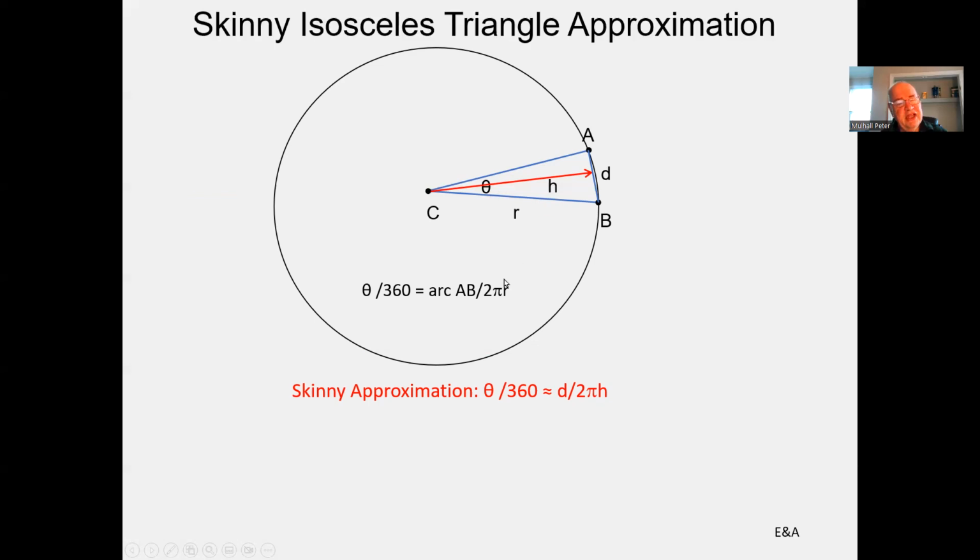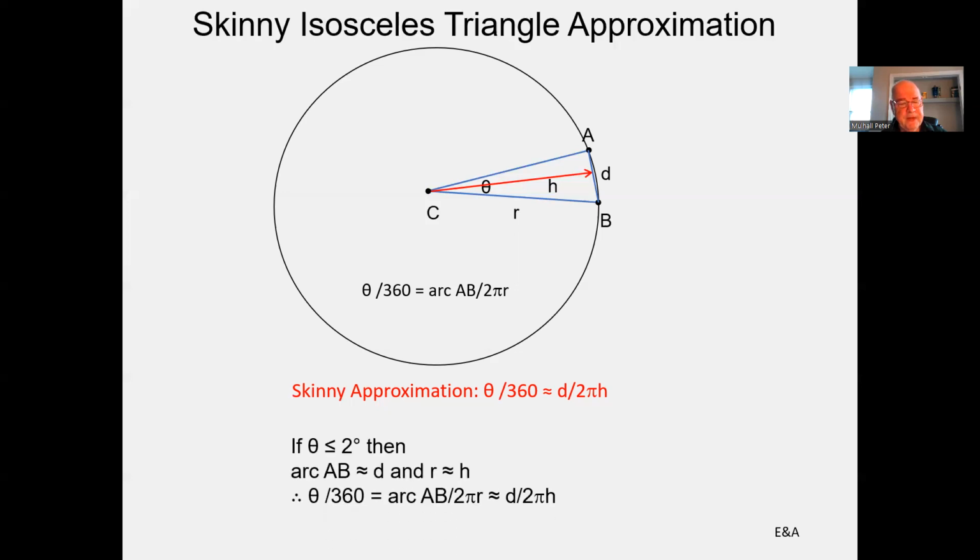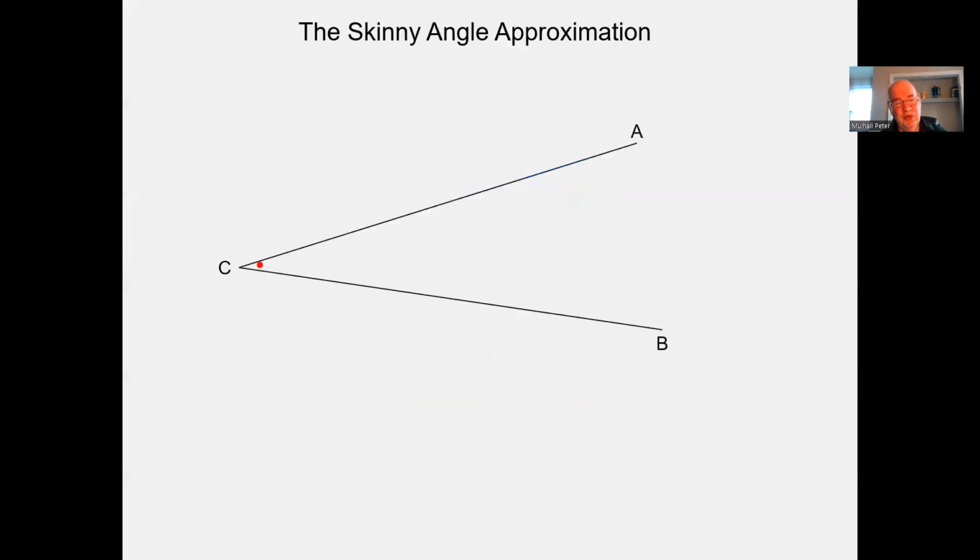And that's why we can substitute D for the arc AB and H for the radius R. And so we have the very important skinny triangle approximation, which we'll be using a couple of times here in Aristarchus's argument. There, in symbols, is what I just said in words.